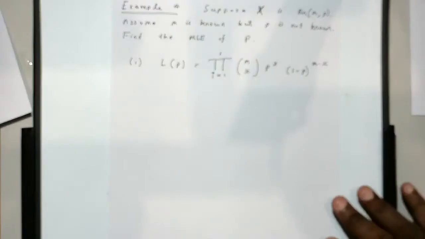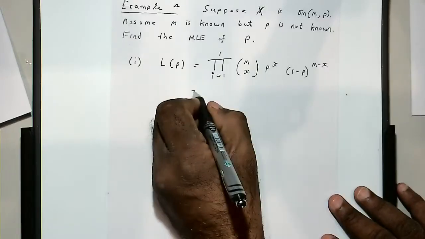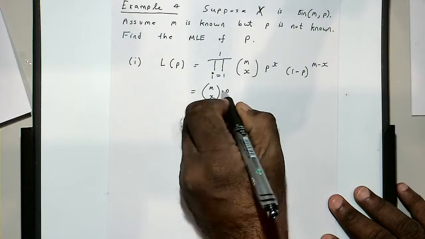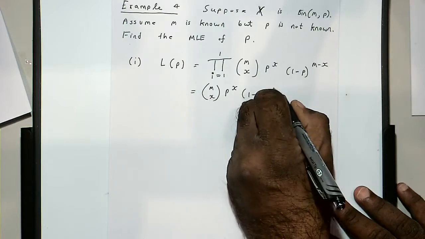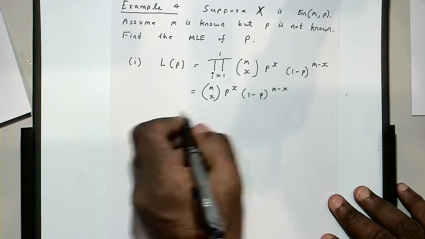Because it's something easy to get confused. So in this case, this will be just simply m choose x, p to the power x, 1 minus p to the power m minus x. Okay? So that's the first step.